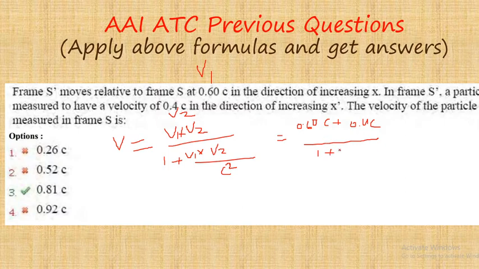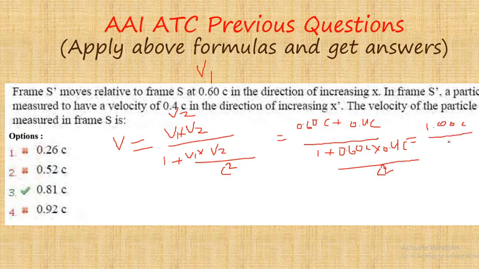So you just need to make it a multiplication: 0.60c into 0.4c divided by c square. Okay. So now what you need to do is the calculation. So this will become 1.00c, right?